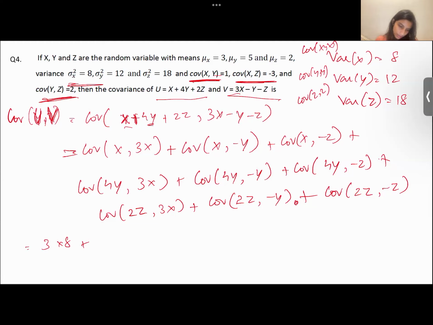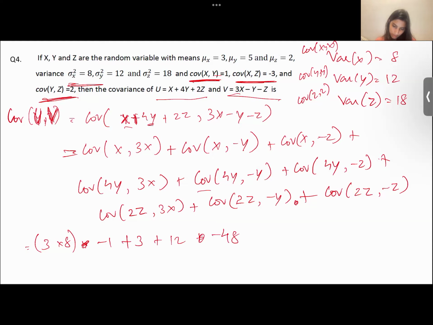Plus you have minus here. Covariance of xy is 1, so you get minus 1. And covariance of x and z is minus 3, and you already have a minus here, so minus 1 minus, plus 3. Covariance 4 3s are 12, and covariance of xy is 1, so plus 12. Then minus 4 into variance of y, which is 12, so minus 4 into 12, 48.